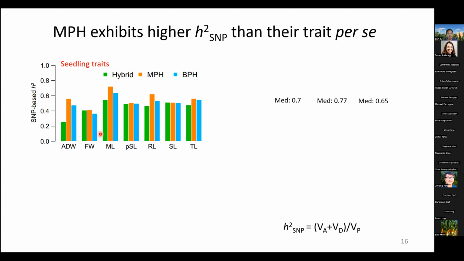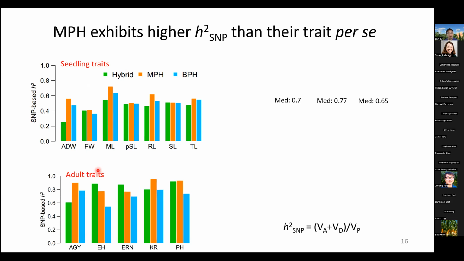And for these ciliary traits, the green bar indicates the SNP-based heritability calculated in hybrids, the orange bar indicates heritability calculated for MPH, and the blue is for BPH. For most of these traits, you can see the middle parent heterosis tends to have a higher SNP-based heritability than their trait per se.